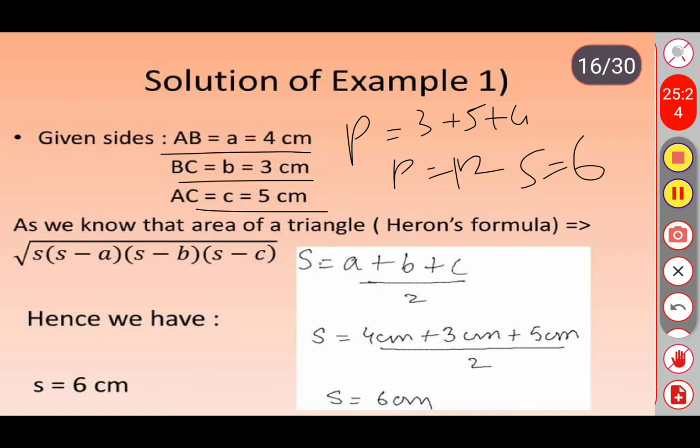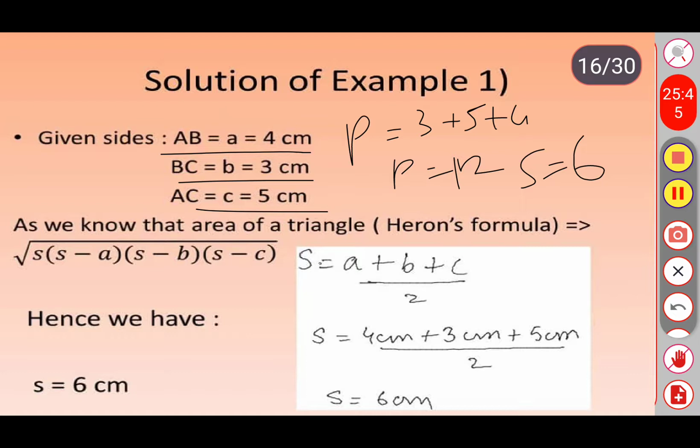If the length is in meters, then the area of the figure is in meter square. Kilometer means kilometer square. Millimeter means millimeter square. So area is always represented in square units.